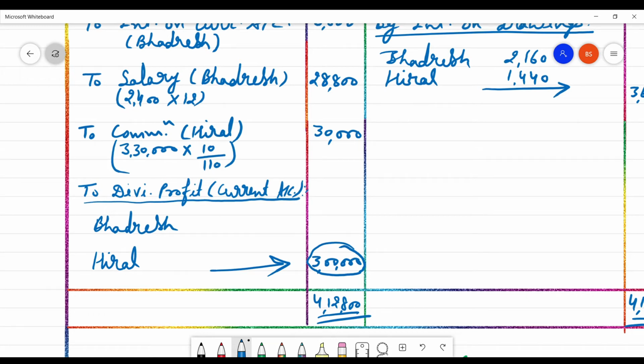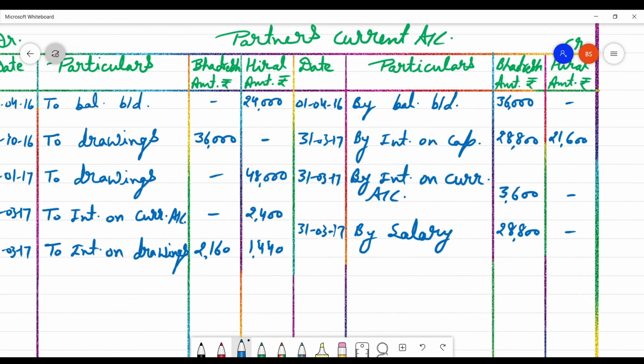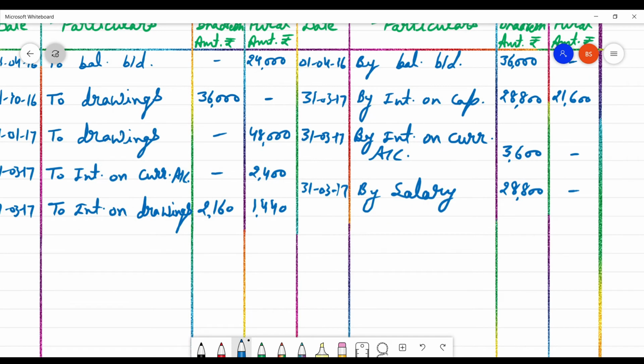So first we will make the second entry of commission in the current account of Hiral. So the last date will be written here, by commission, and on the credit side we have to write down 30,000.